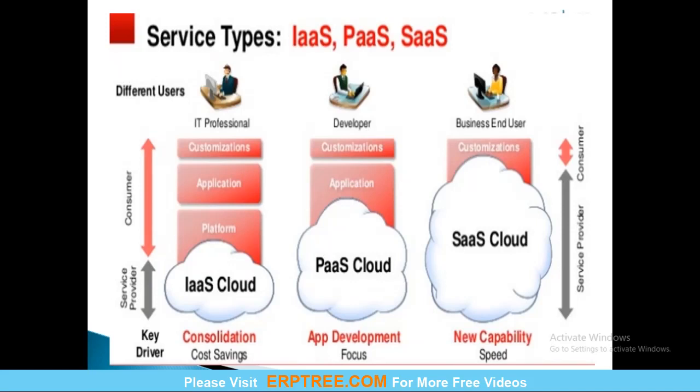But when it is PaaS, it is development or customization on the applications, which makes it completely a developer ball game. And when it is IaaS, you have SaaS, PaaS, and infrastructure coming into the picture, where you work with the application platform and even customize the applications as well.